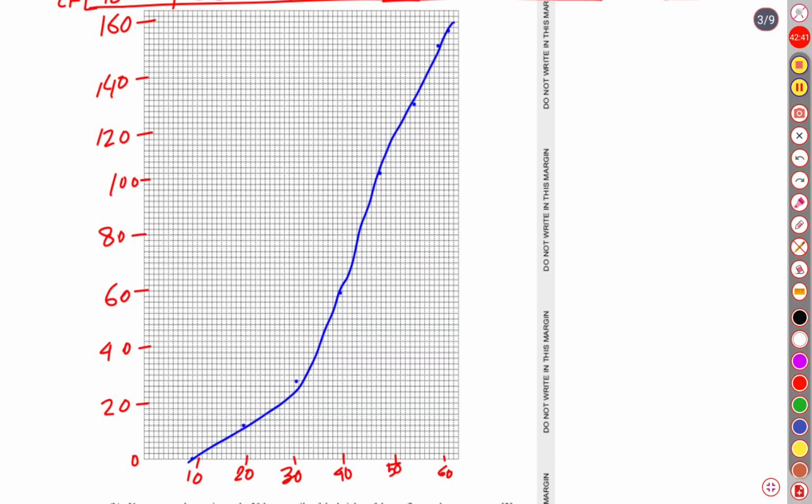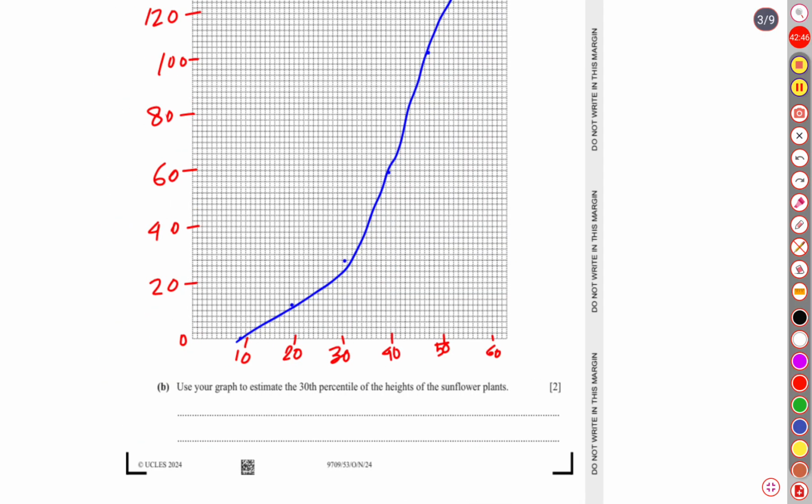The next question says to use your graph to estimate the 30th percentile.